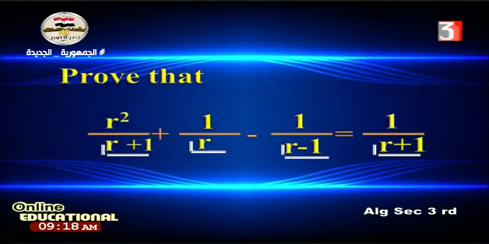My dear student, this example we may find in multiple choice. The choices are 1 over factorial r minus 1, 1 over factorial r, 1 over factorial r plus 2, and 1 over factorial r plus 1.